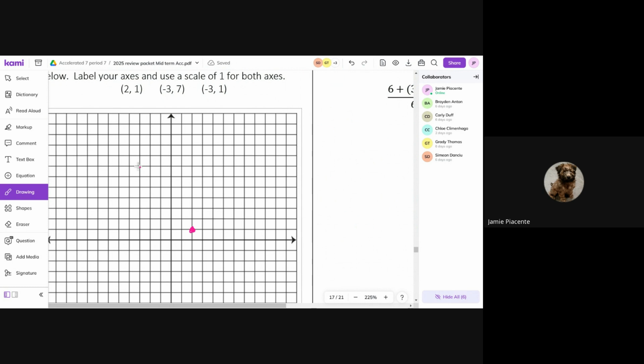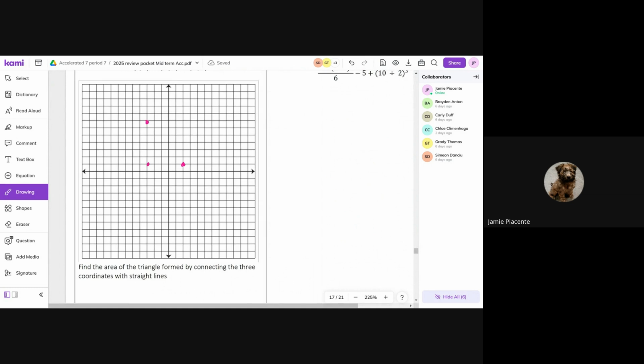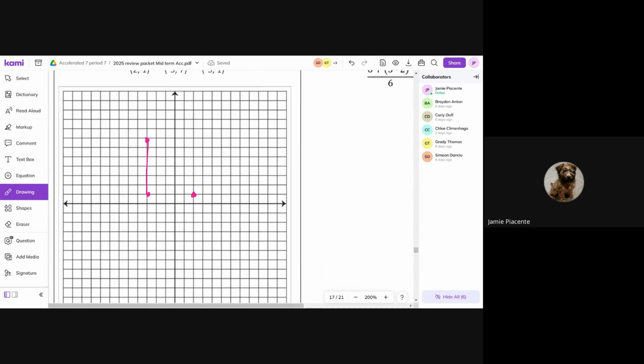Hopefully this is 7. And -3, 1, 2, 3, up 1. Okay, what is the question? Graph the following. Let's graph it with our straight edge.